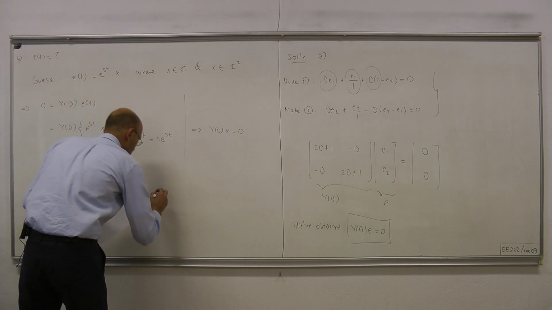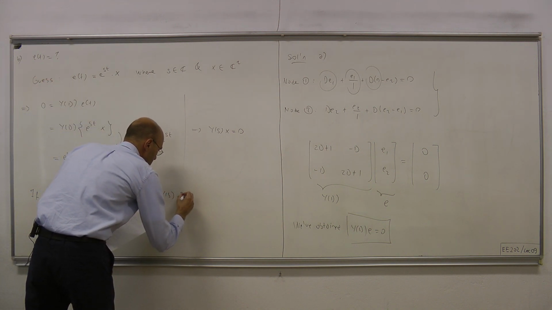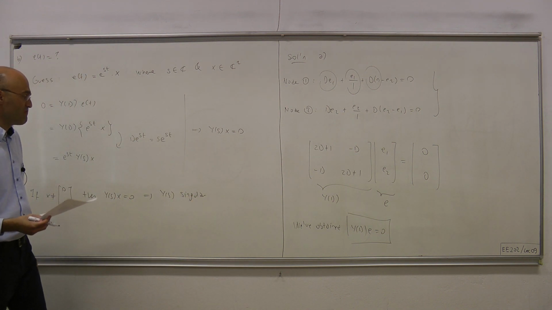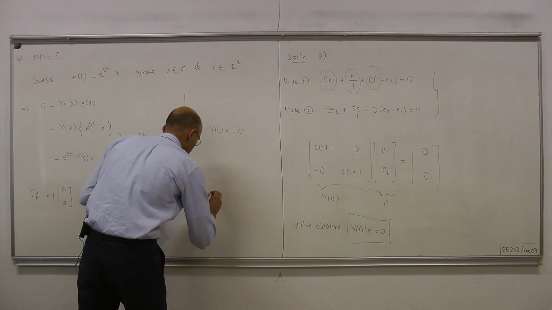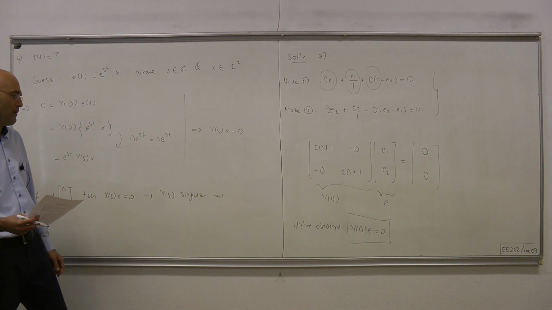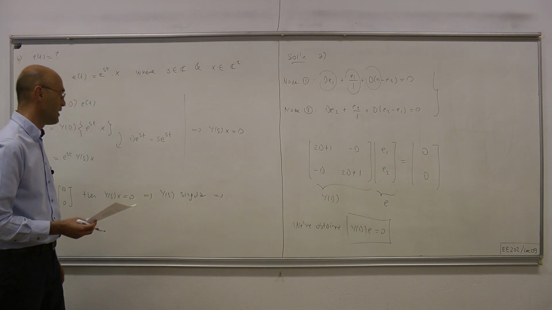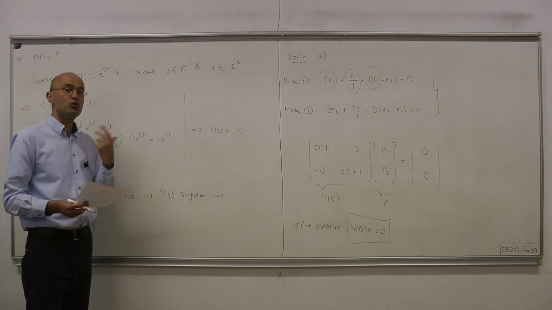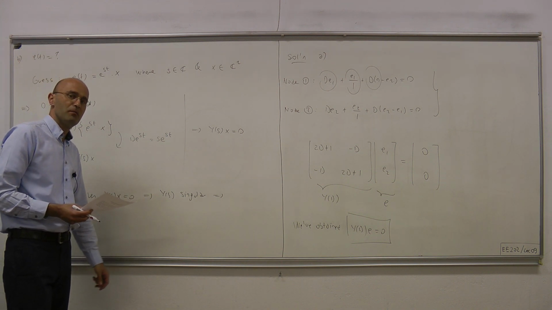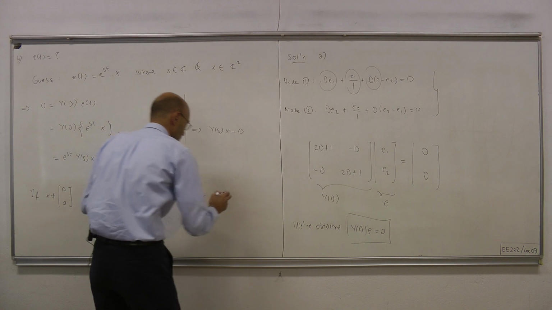Okay. Y of s must be singular. It should be non-invertible, in other words. And if a square matrix is singular, it means that it should have an eigenvalue at 0, and that means its determinant must be 0. Okay.